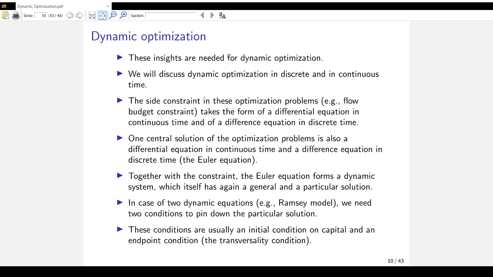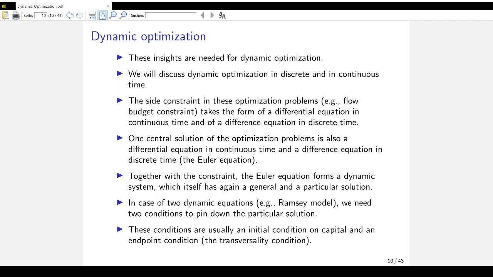So one could have, for example, two initial conditions, one on consumption and one on assets, but typically what we would have in these types of constellations is that consumption is a choice variable that can jump at each moment in time, and only assets or the capital stock is a predetermined variable.